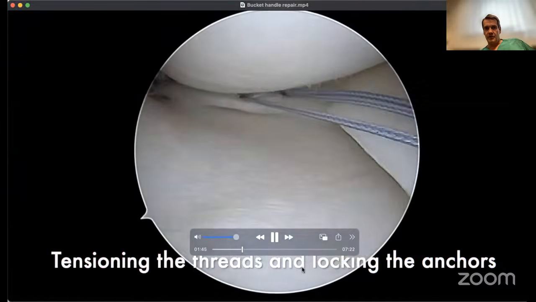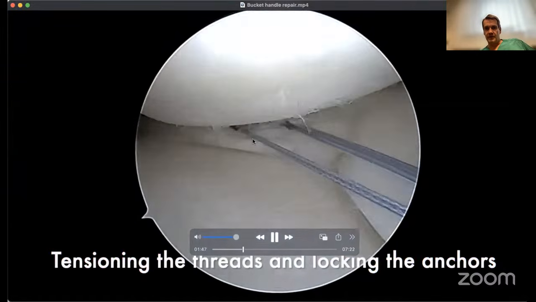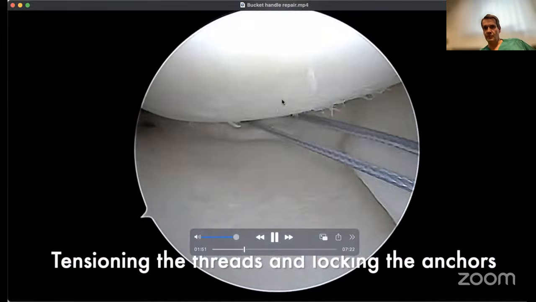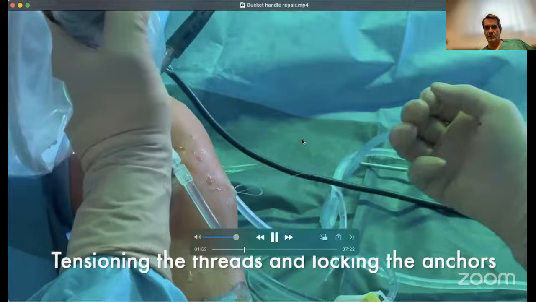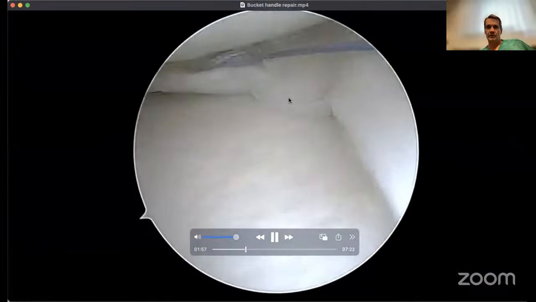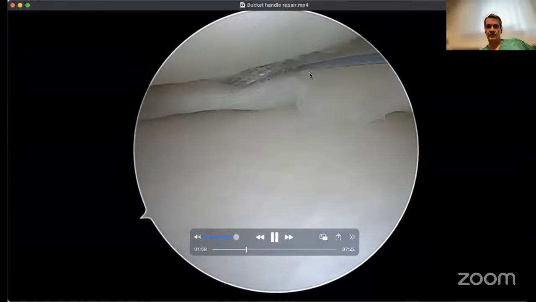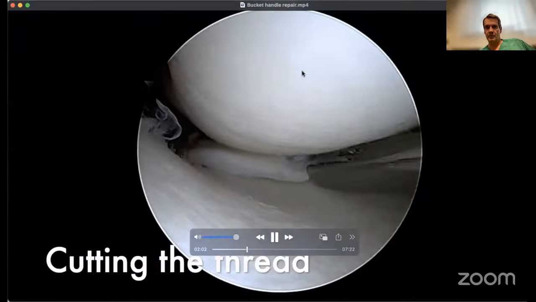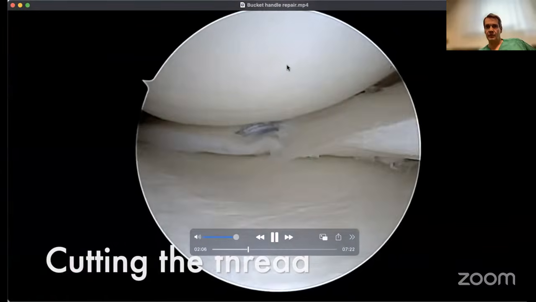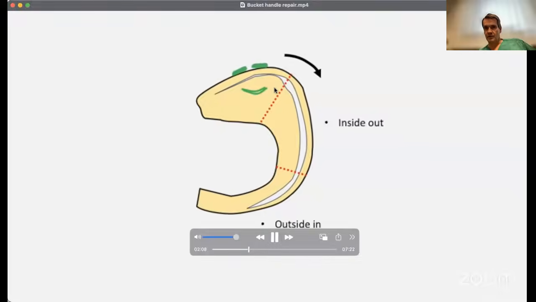You tension the threads and lock the anchors. It's a self-locking knot. After locking the thread, you have to cut the suture. I use a normal punch for that, but you can also use a special suture cutter.